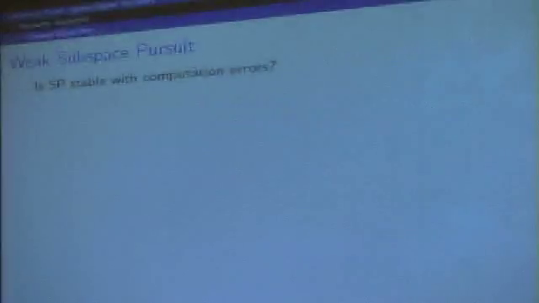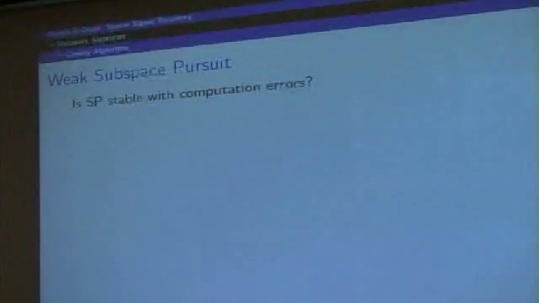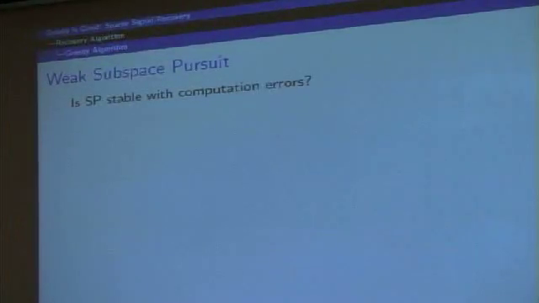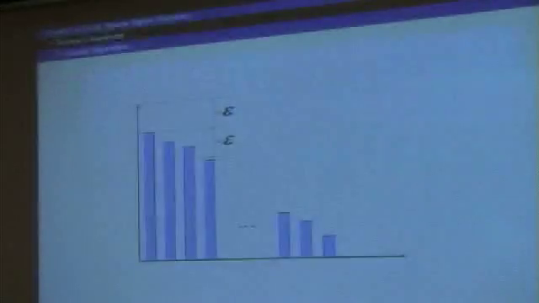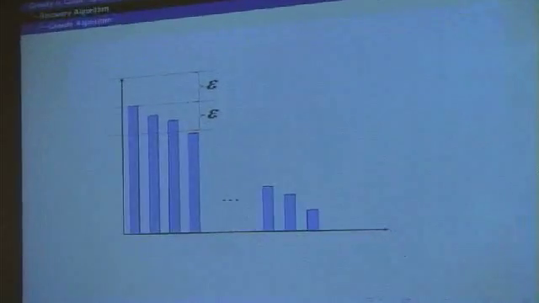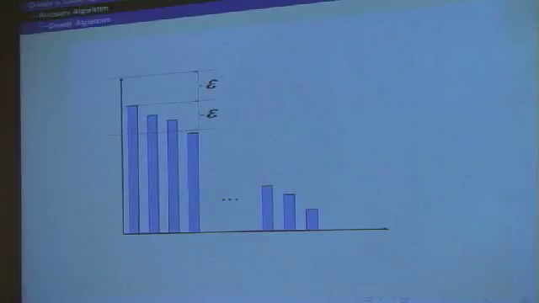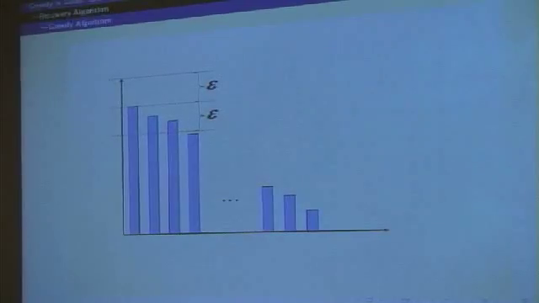And we have an idea to weaken this subspace pursuit algorithm. So is this stable with computation errors? So after we take the inner product, we want to pick the biggest one. Okay. Instead of picking the biggest one, we have a strip. It is the value plus epsilon and minus epsilon.